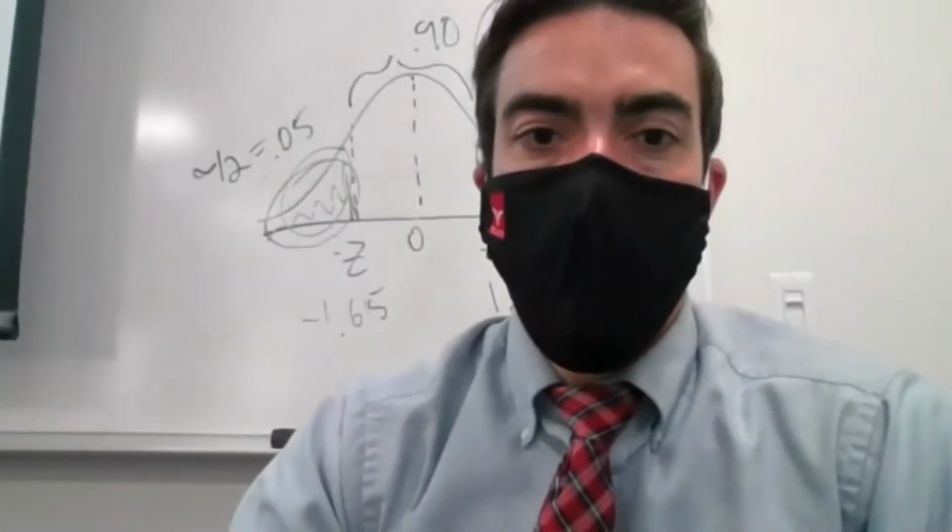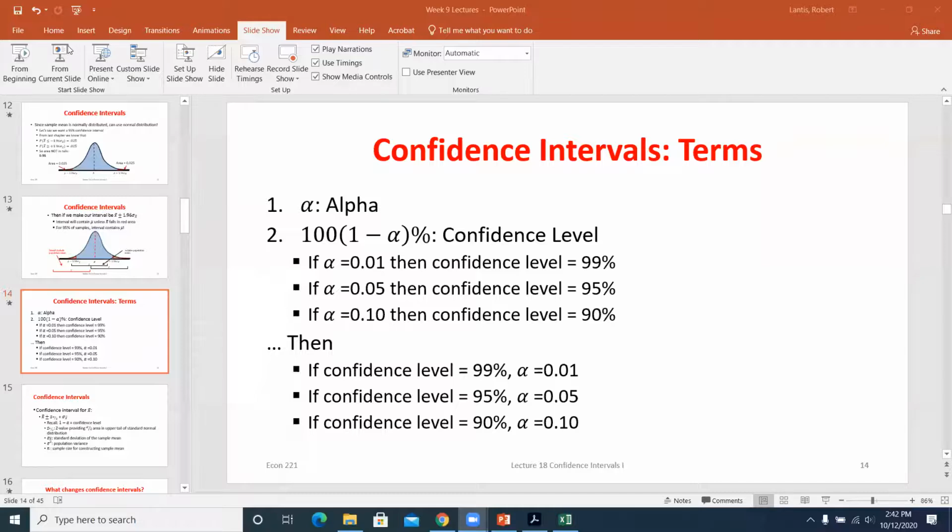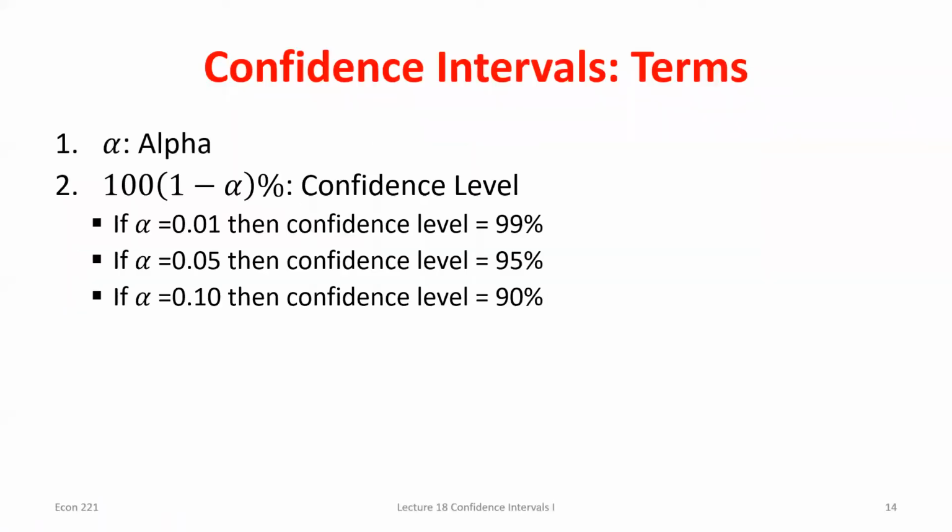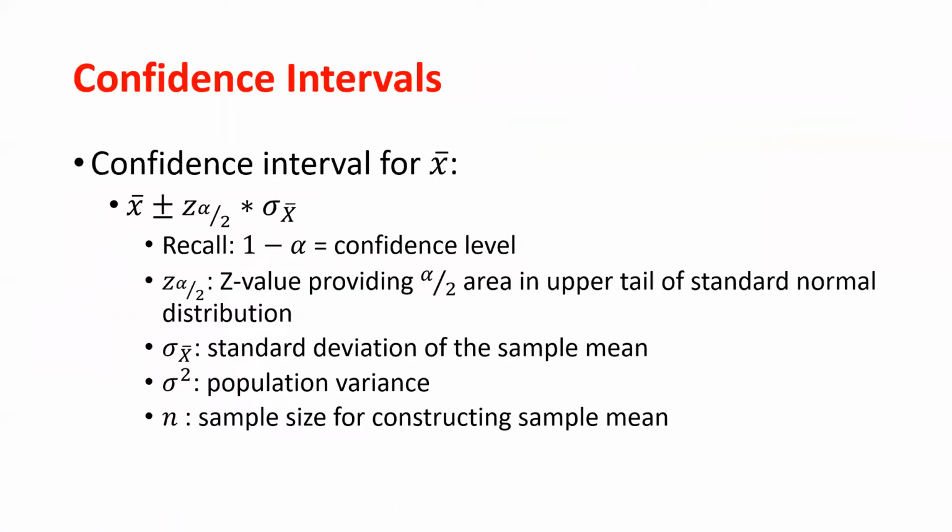So when we formally write out the equation we want for the confidence interval, we'll build our confidence interval around whatever sample mean we find. We will then go a certain number of standard deviations above, adding this to get our upper bound, and a certain number of standard deviations below, subtracting this to get our lower bound.